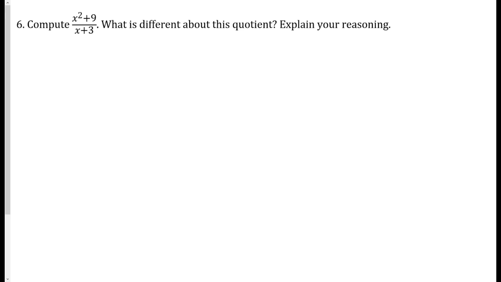Compute x squared plus 9 over x plus 3. What's different about this quotient? Explain your reasoning. So if I do x squared, I'm not going to do plus 9. I need the placeholder for that 0x there. So apparently something's going to be different about this quotient. So let's go through and see what happens. What times x gives me x squared?